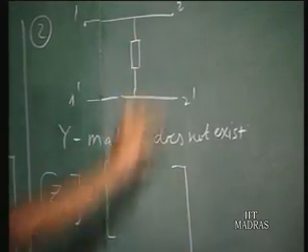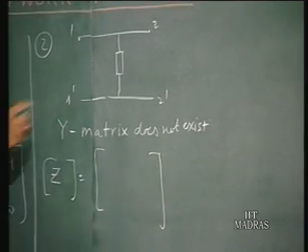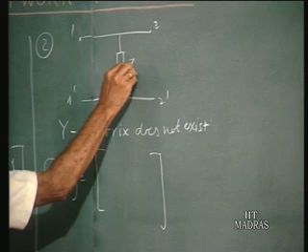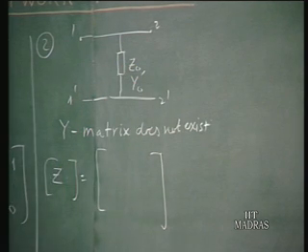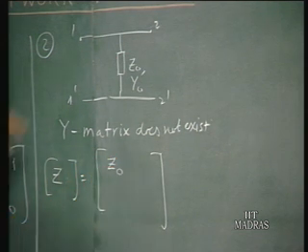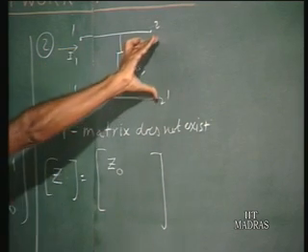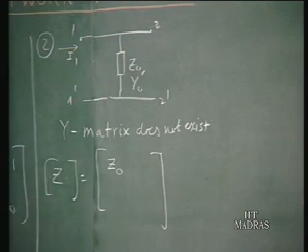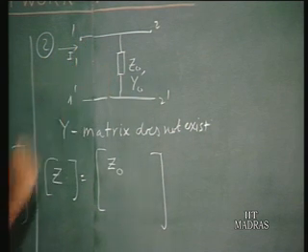If you keep the port 2 open and measure the input impedance that is equal to the impedance of this element. So let us say this is Z0 or its admittance Y0. So the input impedance when port 2 is open is Z0. Keeping port 2 open, if you drive a current I1 here, the voltage that is developed across port 2 is the same as the voltage that is developed across this impedance, which is I1 times Z0.